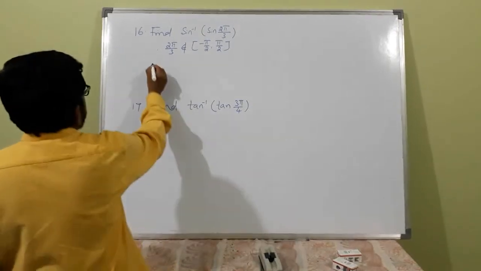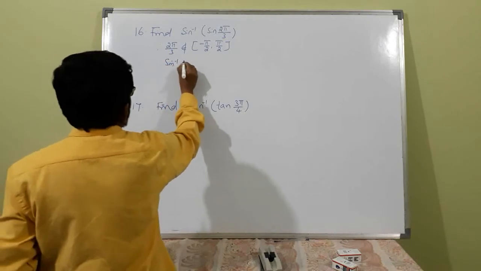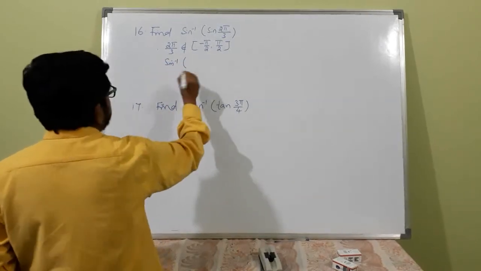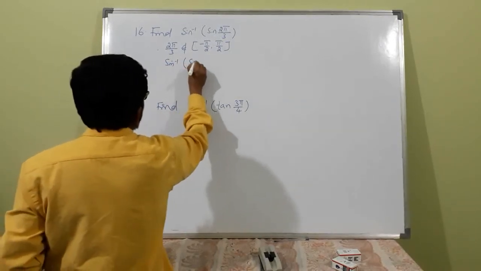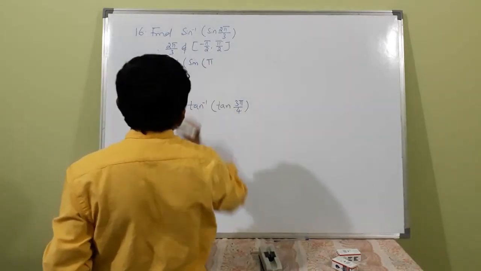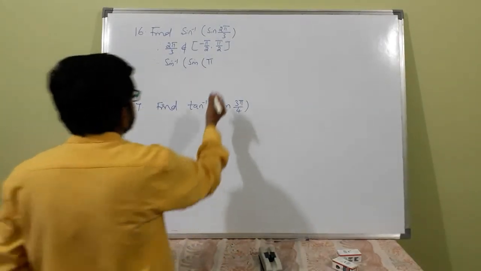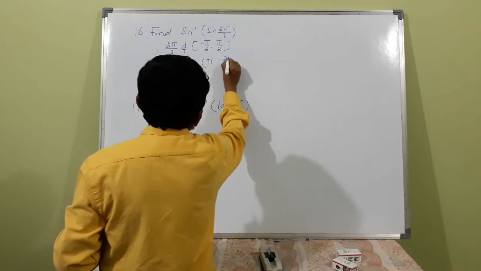So therefore sine inverse of sine 2 pi by 3 can be written as sine pi minus theta, sine pi minus theta, 2 pi by 3.